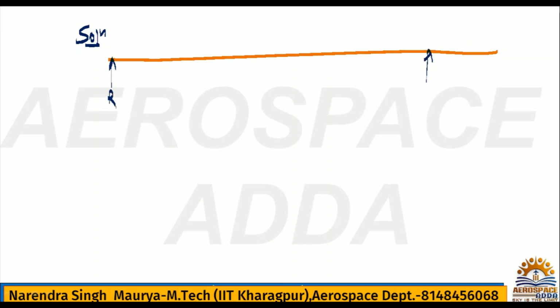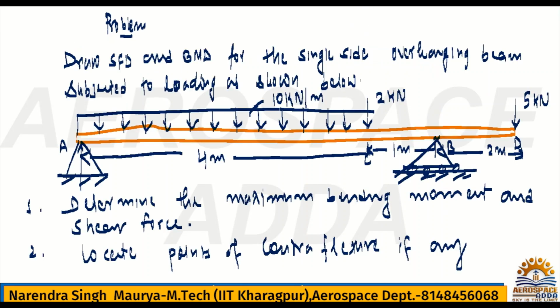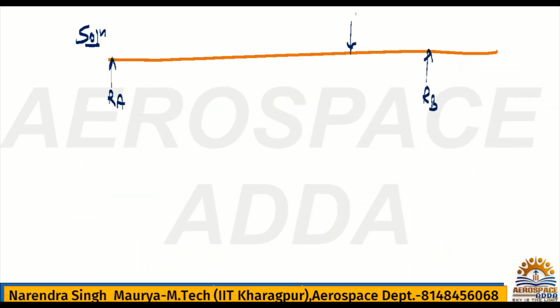This is RA and this is RB, and here one more load is acting, which is 2 kilonewton, and here also one more load is acting, which is 5 kilonewton. This distance is 2 meter.